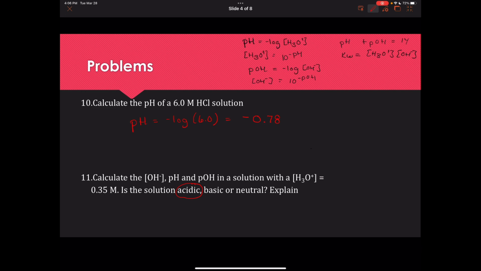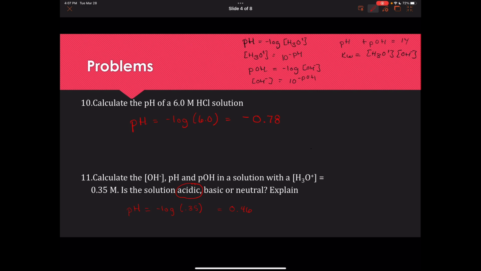Now we can do these calculations in any order. I'm just going to start with pH. And so pH is going to be the negative log of my hydronium concentration. So negative log of 0.35 gives me a pH of 0.46. Checking to make sure things make sense.